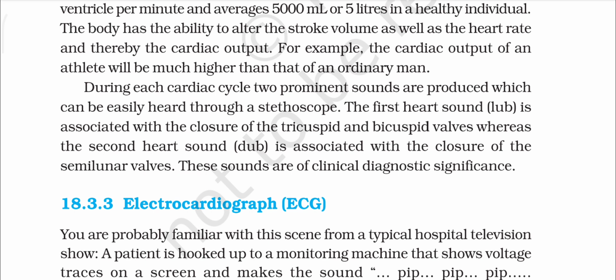The first heard sound, lub, is associated with the closure of the tricuspid and bicuspid valves, whereas the second heard sound, dub, is associated with the closure of the semilunar valves. These sounds are of clinical diagnostic significance.